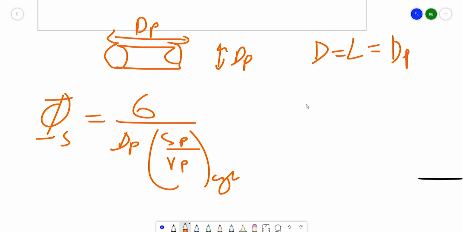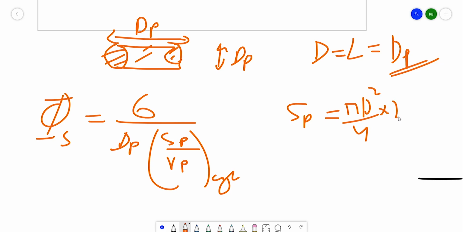So what is this value? For the surface area of a cylinder, you have to consider the circular cross sections as well, and the curved one. In terms of diameter, each circular end is pi d square by 4, multiplied by 2. Then the curved surface: you first calculate the circumference, that is pi d, into the height, the length, which is d again.